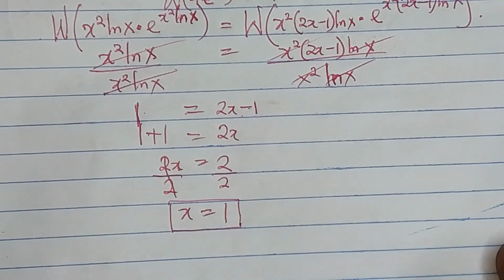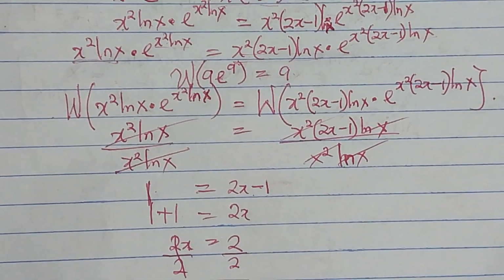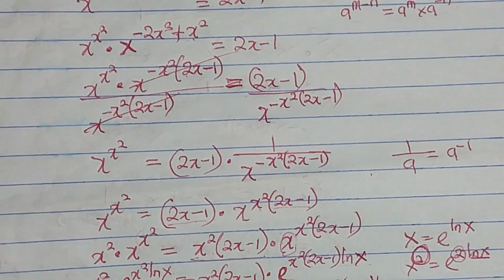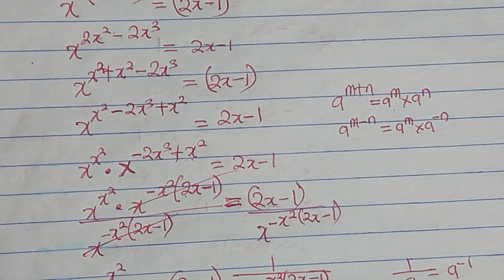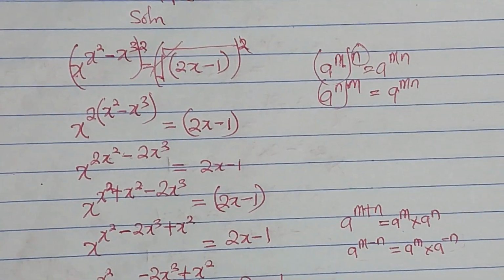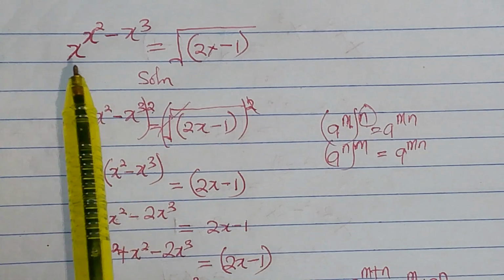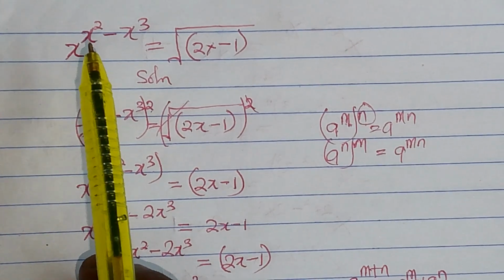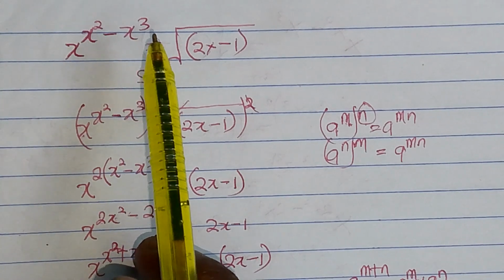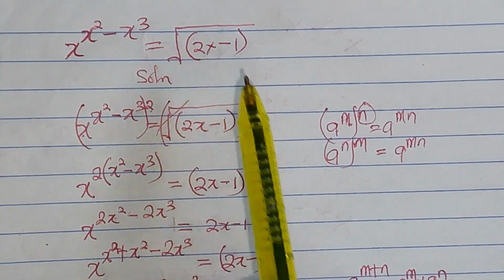Therefore, the final solution of the problem, the equation that was given to us initially to find the value of x, was this that we have here: x to the power of x squared minus x to the power 3 equals the root of 2x minus 1.